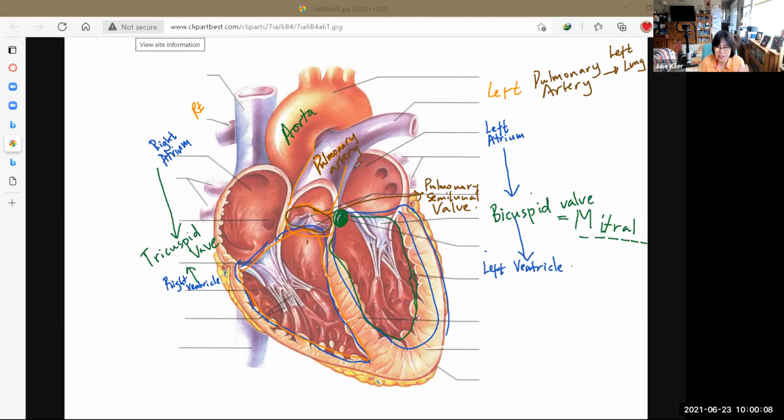Easy peasy, mac and cheesy, lemon squeezy: right ventricle and pulmonary artery, pulmonary valve. Left ventricle and aorta, aortic valve. Very easy. Just take the word pulmonary and aorta, right? So aortic semilunar valve.